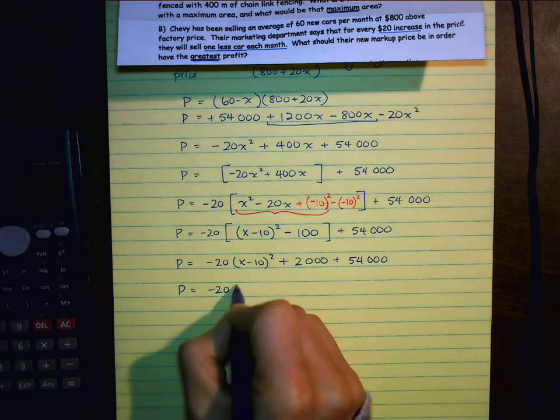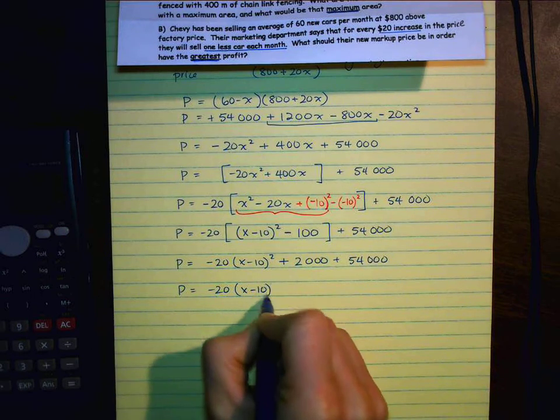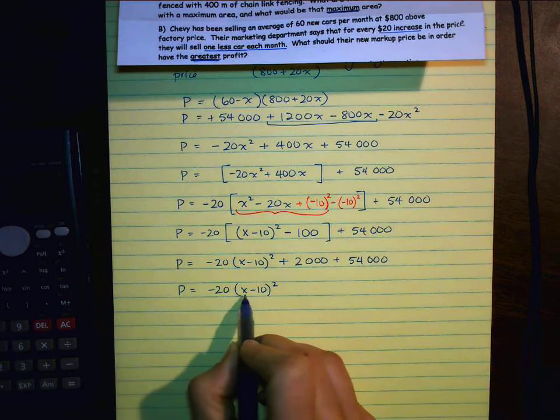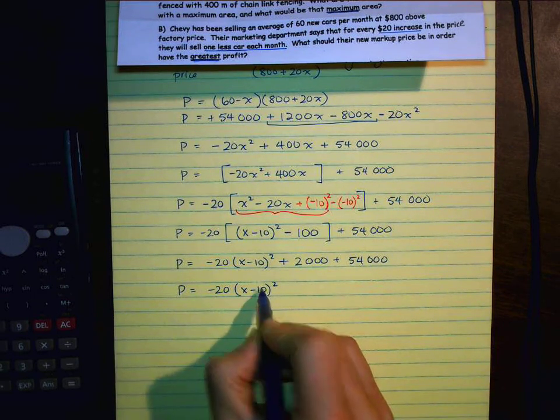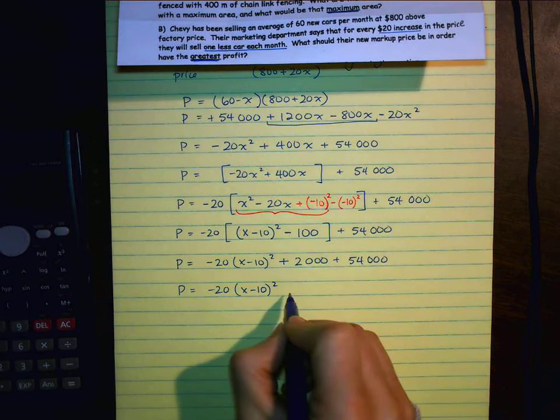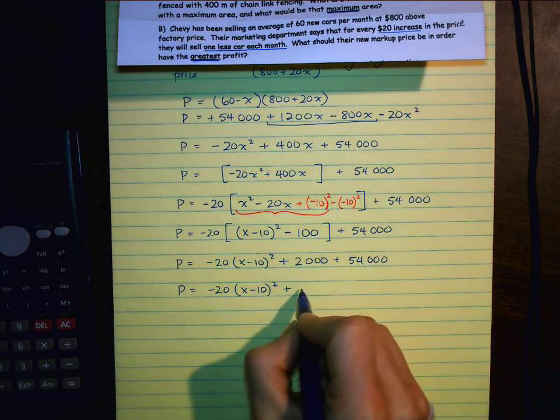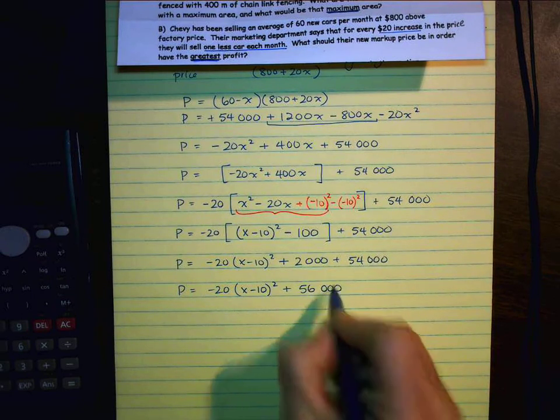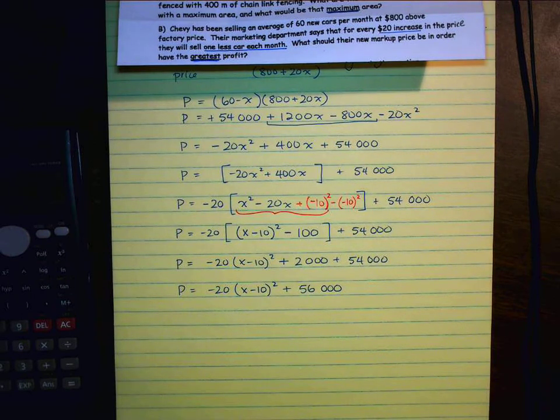All right, let's keep going and simplifying. This isn't going to change because that is our A, and that's our X part of our vertex, and I'm going to finish this with plus 56,000. All right.